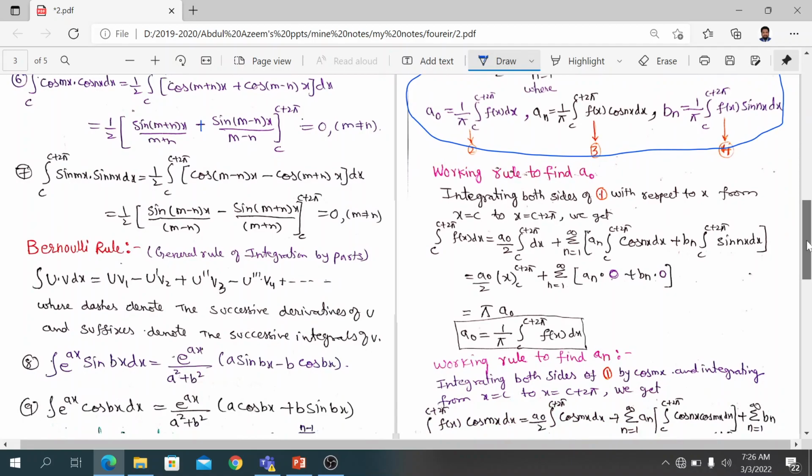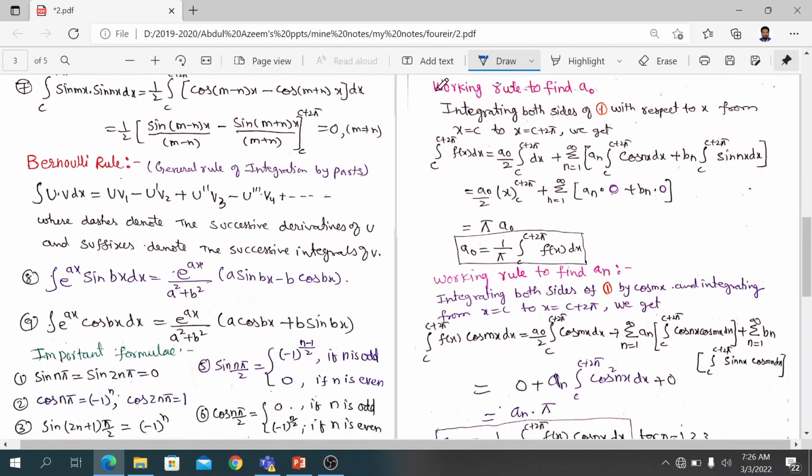Now, the working rule to find a naught. Integrating both sides of the equation first with respect to x, from x is equal to c to x is equal to c plus 2 pi, we get integration c to c plus 2 pi f of x dx is equal to a naught by 2, constant taken outside, integration c to c plus 2 pi dx, plus, taking sigma n is equal to 1 to infinity outside, an integration c to c plus 2 pi cos nx dx plus bn integration sin nx dx.